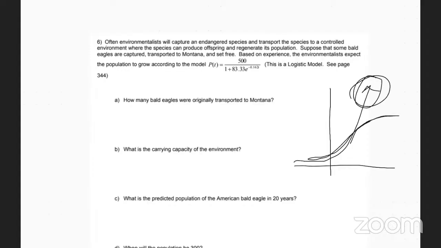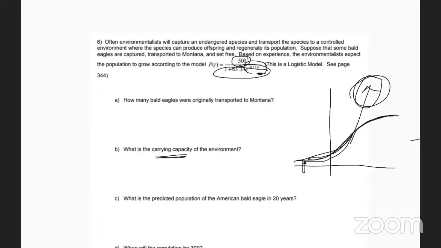They call that a carrying capacity, I believe. So 500 would be the carrying capacity for the environment. If you look at the graph of the logistics, as t, time, gets bigger and bigger, this part gets smaller because the exponent would be negative.